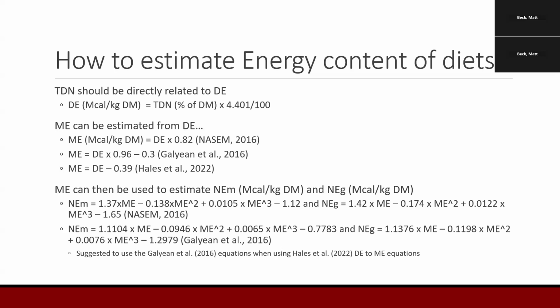I just want you to know how we get there. Okay? So important to know, most of the time what people are using to formulate rations are mathematically derived from TDN. Okay? So why don't we make equations that go directly from TDN to shrunk weight gain?